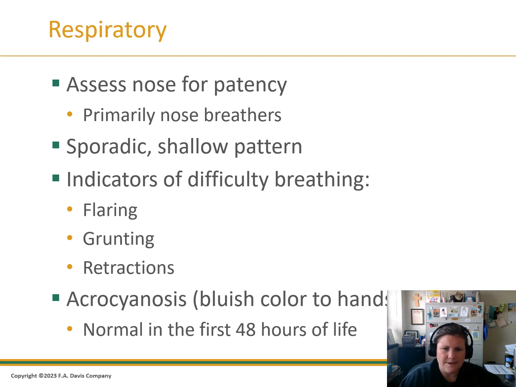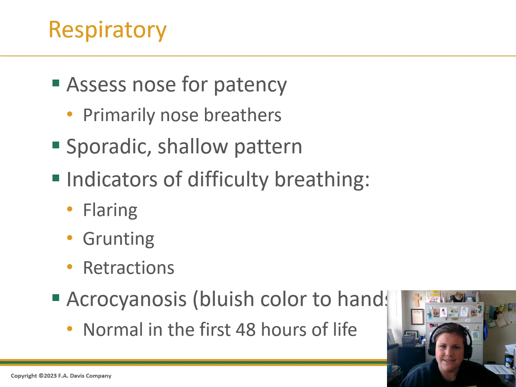They're not just naturally using their mouth for breathing purposes. Another thing that's different about babies is that their breathing patterns tend to be irregular, more sporadic, with shallow breaths. So it's not uncommon to have a baby, even one that's laying still, sleeping even, to have periods of apnea, or pauses in their breathing, or to have a breath rate that is pretty rapid and then slows down suddenly and then changes again.